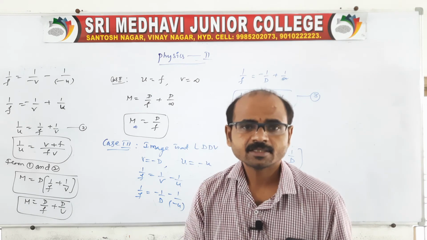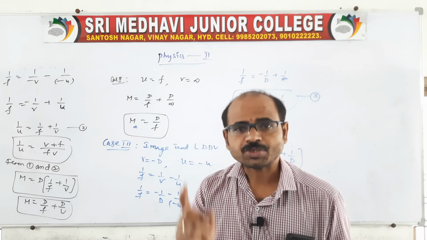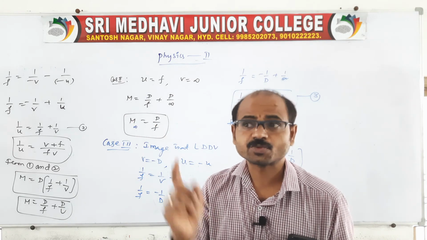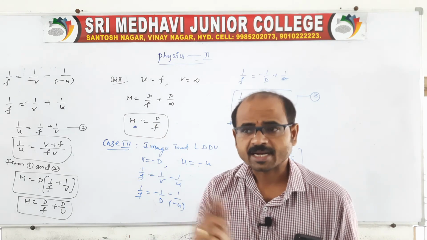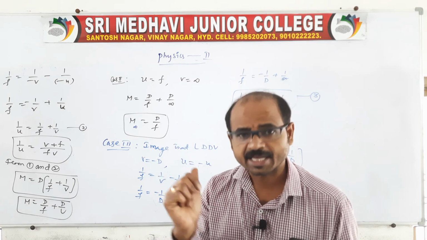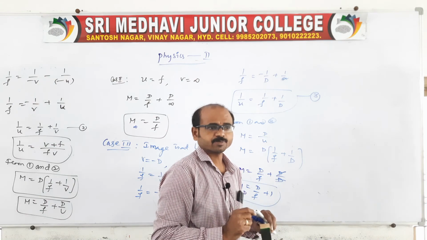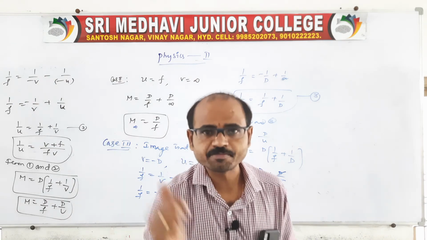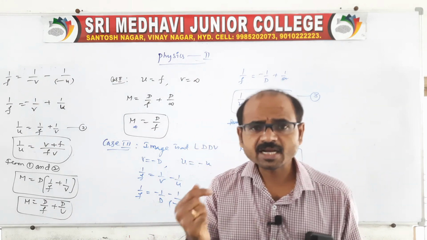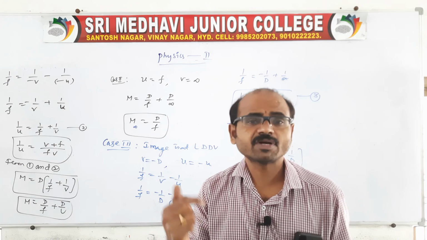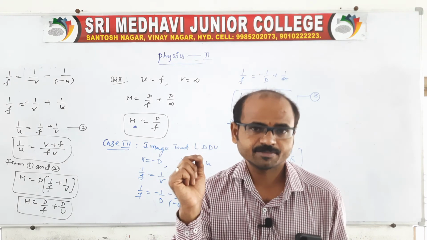One lens is adjusted towards the object, and the other is adjusted towards our eye. The lens towards the object we call the objective lens, and the lens towards the eye we call the eye lens.